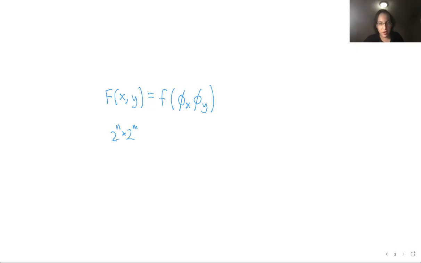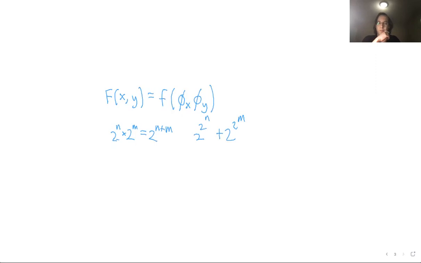So there's only 2 to the n plus m different strings that little f is going to be taking as input. However, the length of the strings is 2 to the 2 to the n plus 2 to the 2 to the m.